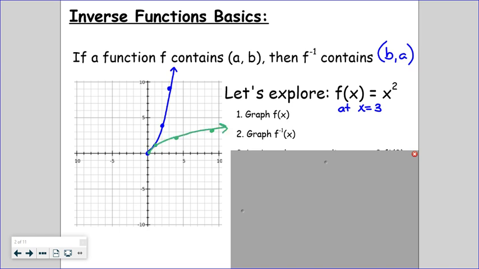So a couple different things we can look at when we are talking about that. First of all, algebraically, what are we seeing happen? Well, to find an inverse algebraically, I take the equation, same as the points, flip my x's and y's, and I would solve for y.